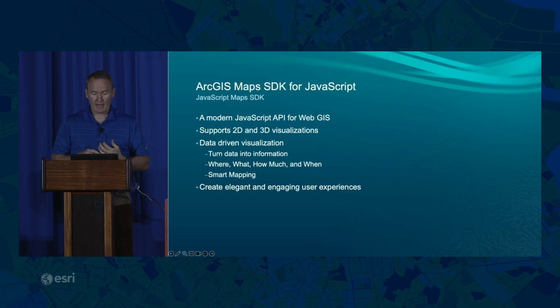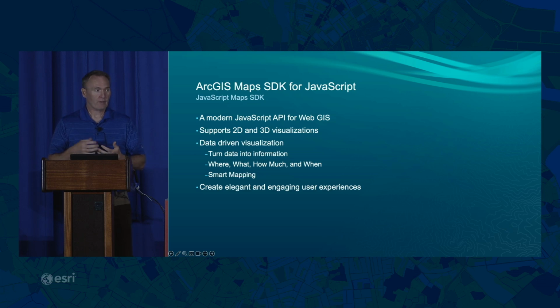So this is a modern JavaScript API, and really a modern JavaScript software development kit for building WebGIS applications. It supports both 2D and 3D visualizations, so being able to create 3D views as well as that top-down 2D view.